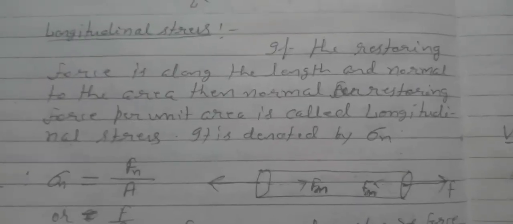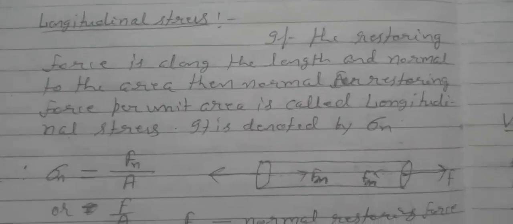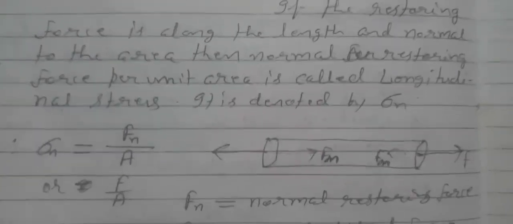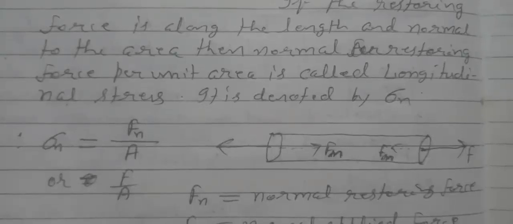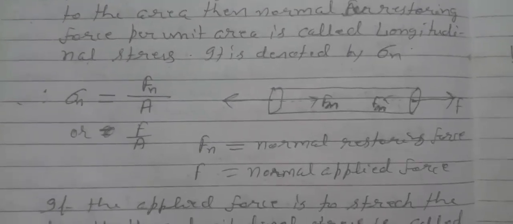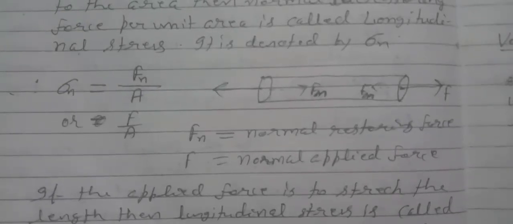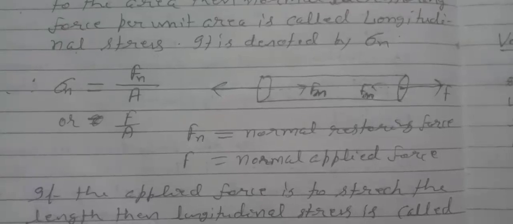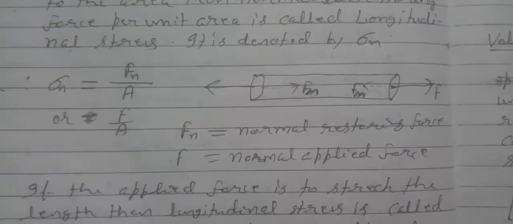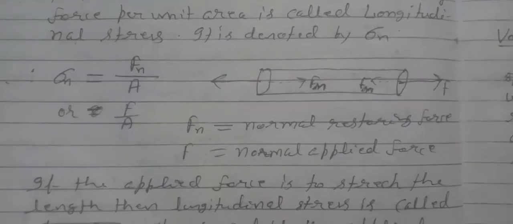Longitudinal stress. If the restoring force is along the length and normal to the area, then normal restoring force per unit area is called longitudinal stress. It is denoted by sigma n. Hence sigma n equals Fn by A, where A is the cross-sectional area, Fn is the normal restoring force and F is the normal applied force.